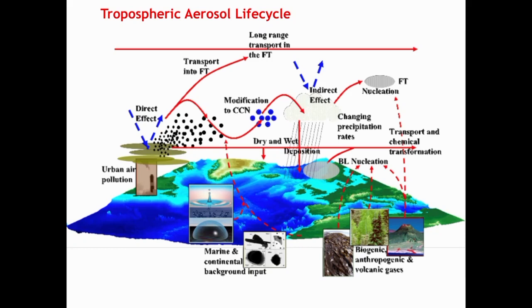So how the different sources contribute to the loading, which are transported in the atmosphere, they're deposited, they're interacting with radiation, interacting with clouds, and they are contributing to the Earth system in that kind of a way. So what you want to do is try to contextualise the composition and the size and the behaviour of the aerosol particles as they're going through that cycle.